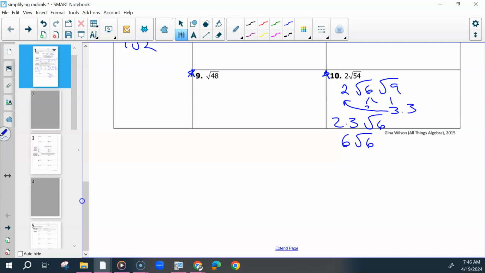But if I broke this down, that would be 2 times 3. And there's nothing else to simplify. So that would come out, but those would still stay in. Okay. Any others on this page we want to go over before we talk about some more on the next page? Knowing your perfect squares, if you're doing the perfect square method, is key to being able to simplify this correctly.